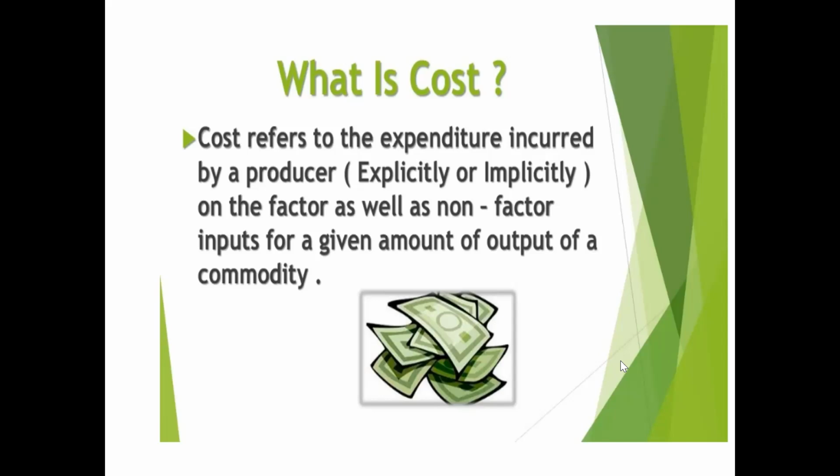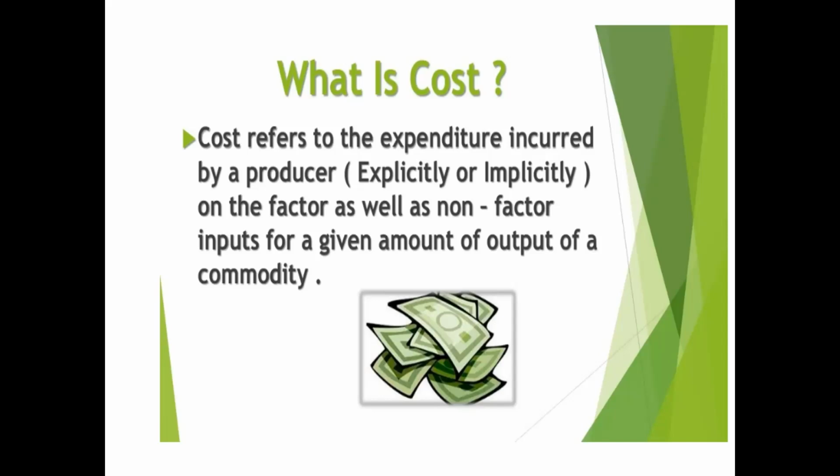So that means if we need to produce some commodity, we have to purchase the factors of production, and to purchase those factors we have to incur an expenditure. That expenditure we identify as the cost, right?